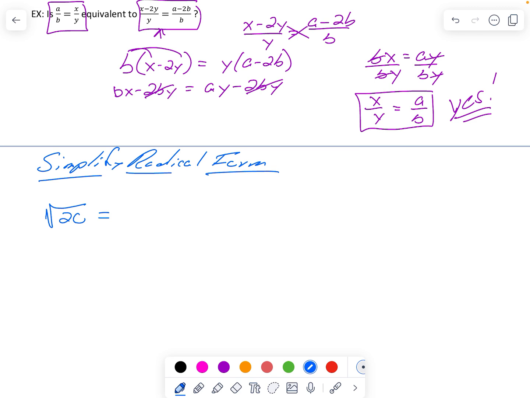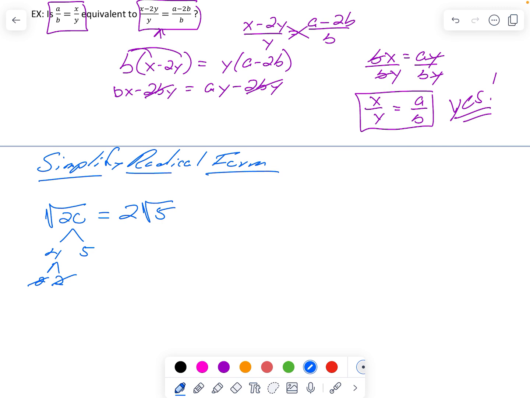And so how I do it is I do a factor tree. So 20 is equal to 2 times 2 times 5. Now, anytime you have a number times itself, that's a perfect square, like 2 times 2 is 4. So any pairs can come out, so the 2 comes out, and the 5 stays in.